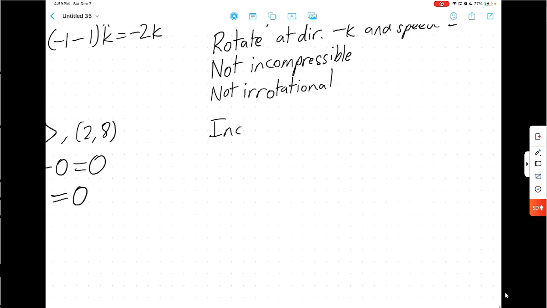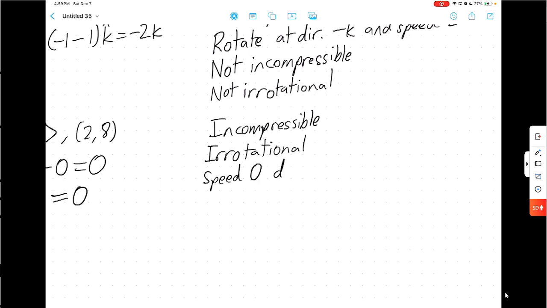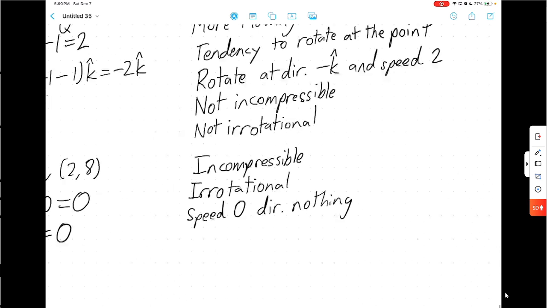So incompressible, irrotational, speed 0, direction nothing, because we don't even need a direction, there's no speed even.